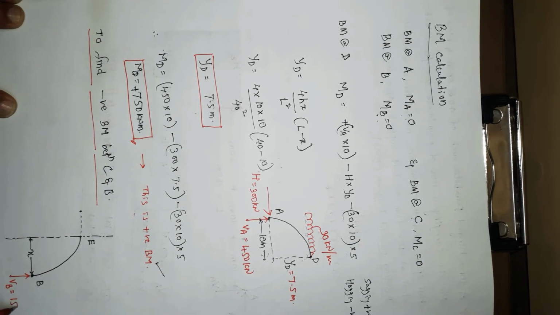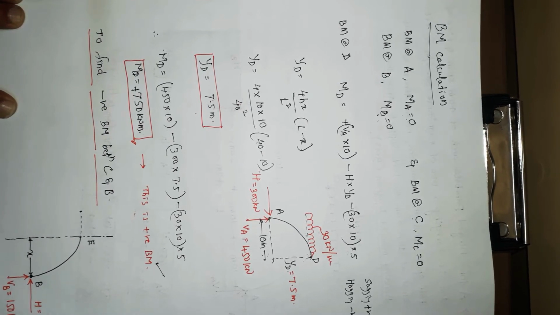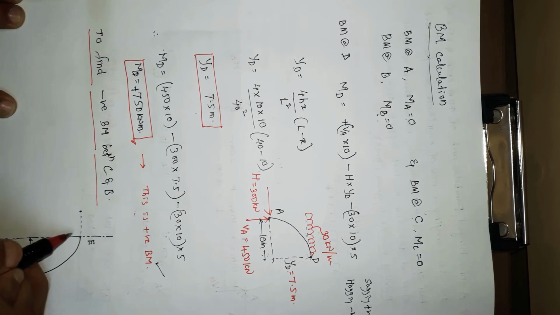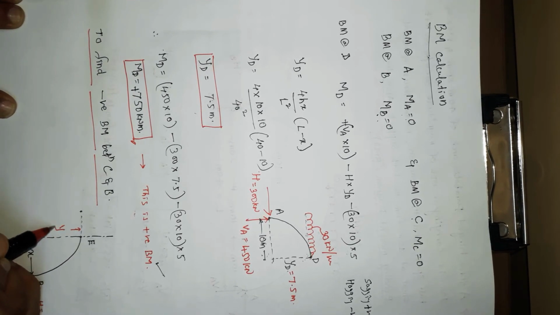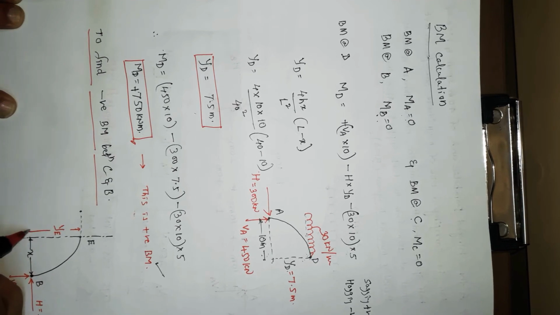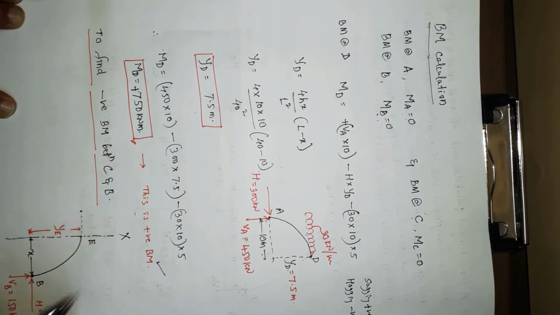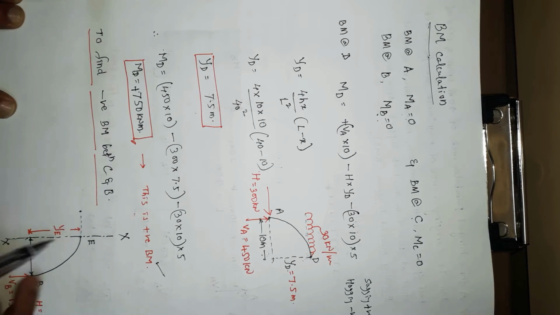As we have already calculated, this reaction VB is equal to 150 kilonewton, and the horizontal reaction H is 300 kilonewton, and take this vertical ordinate YE. So let us take a section XX at a distance X from support B, and the ordinate here is YE.